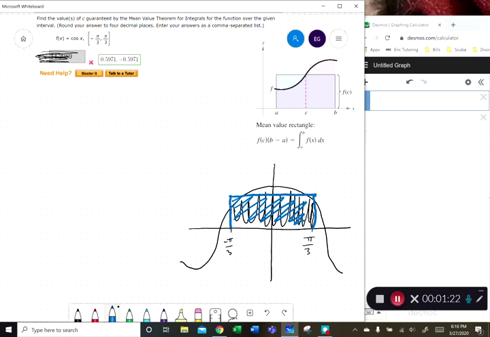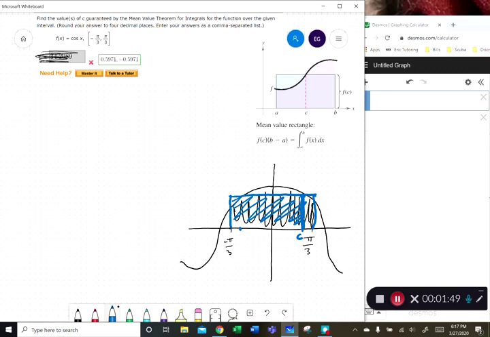The mean value theorem is an existential theorem. It basically guarantees the existence of some value of c such that f of c is the height of that rectangle.